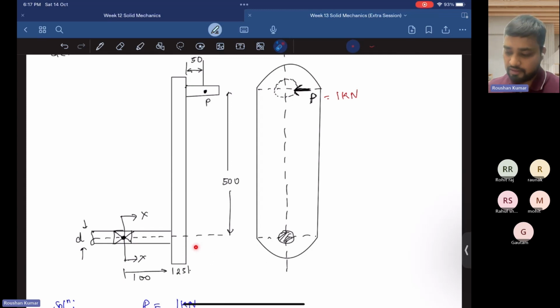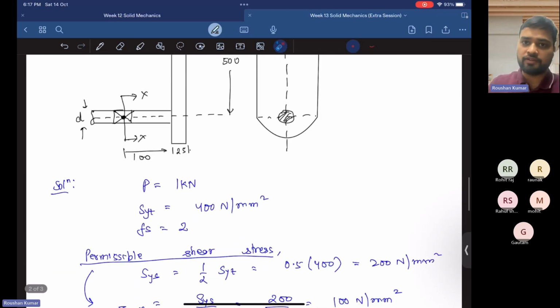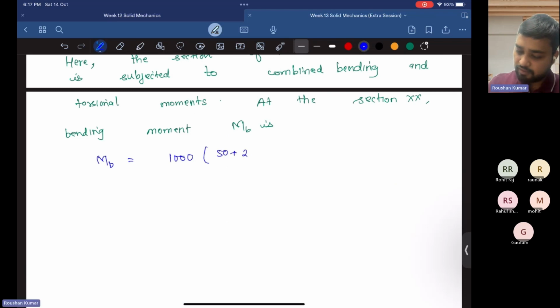So 50 plus 25 plus 100, into P. And what is P here? 1 kilonewton, that is 1000 Newton. So MB is given by P into 50 plus 25 plus 100, which is equal to 175 into 10 to the power 3 Newton mm.